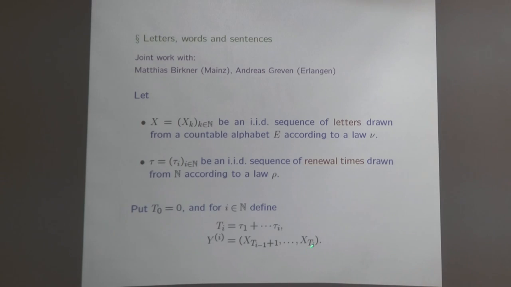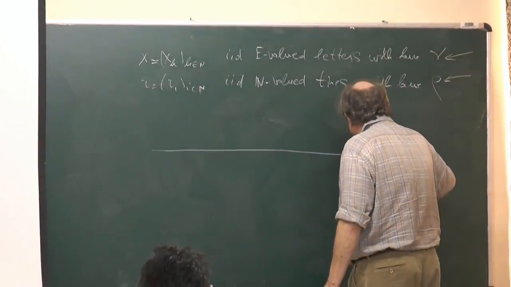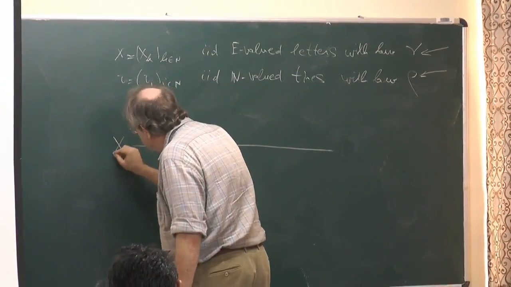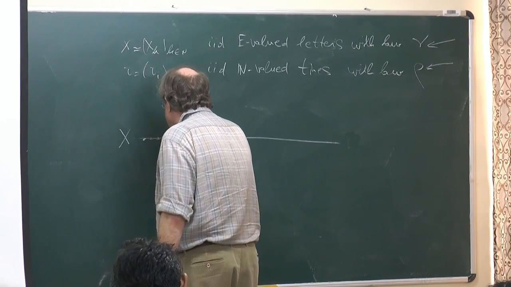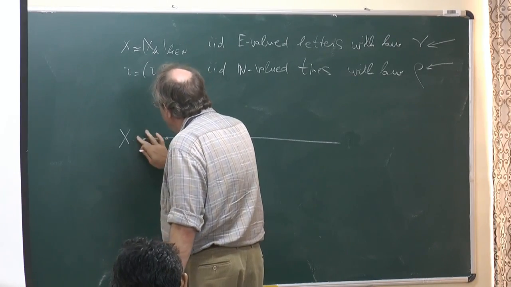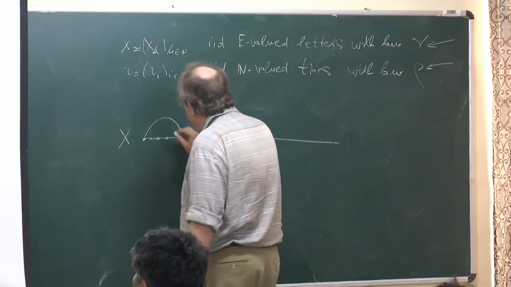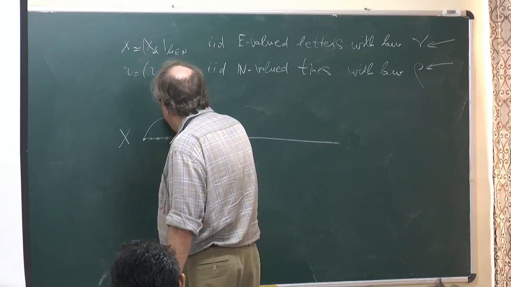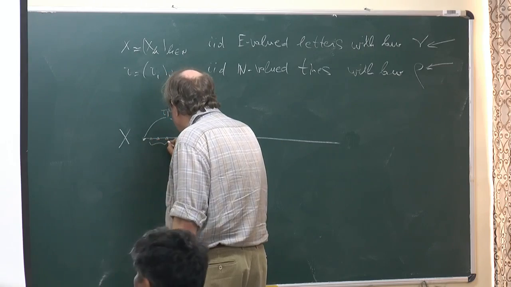So basically there is a picture here, and let me put that picture in as well. I am having here time, and here my letter sequence, sorry. So there are letters here at these points. And now what I do is I make a lapse of length tau_1.